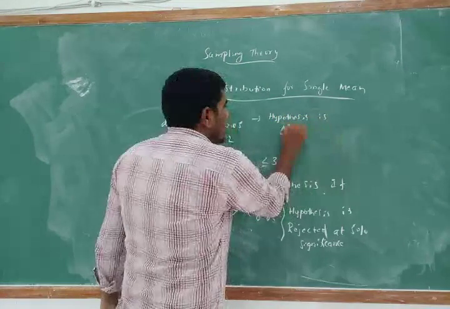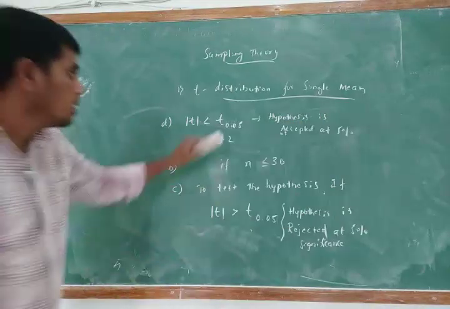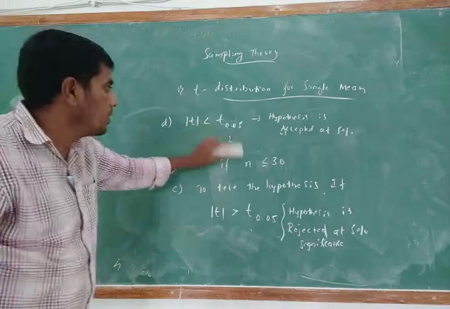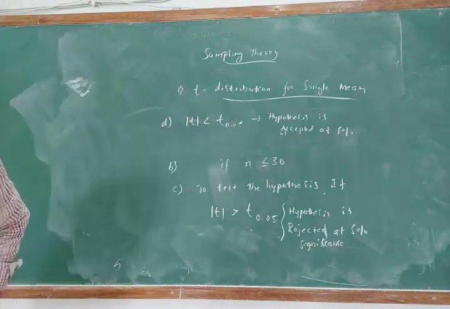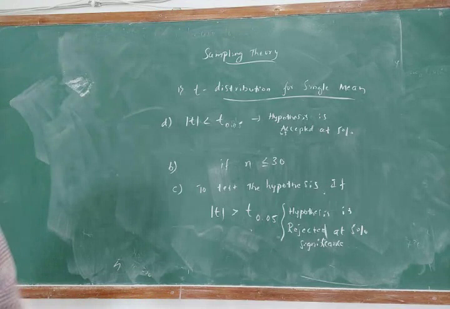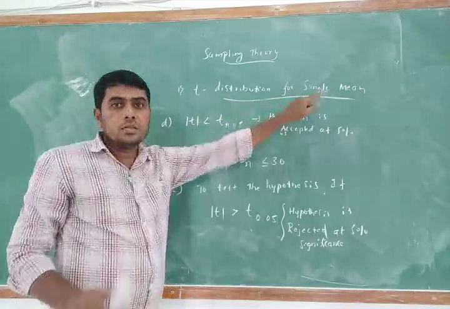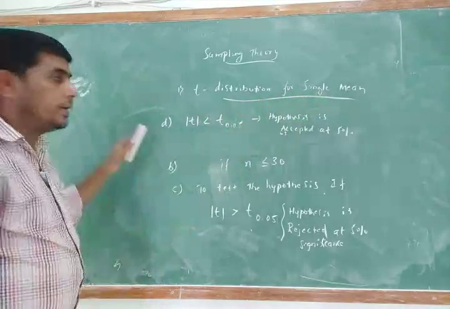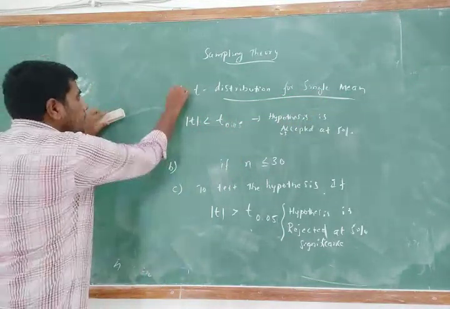Hypothesis is accepted at 5% significance. Okay, this is for one sample. Now, if you are having more than one mean, that is the second case.